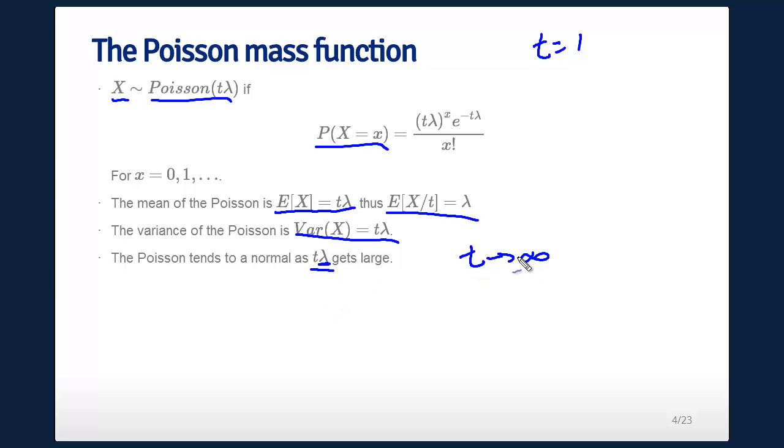If t is some sort of monitoring time, then that is a very natural thing to get large. Lambda, by the way, is interpreted as expected counts per unit time. So lambda has units. That's a nice thing. It's counts per time.